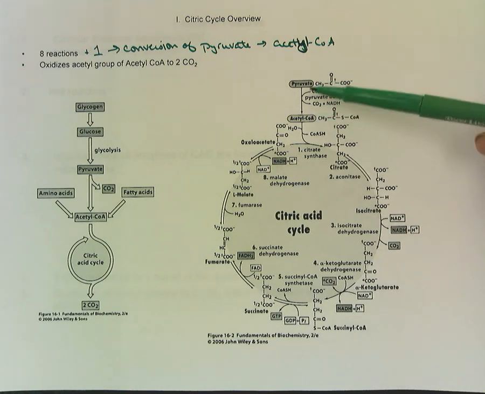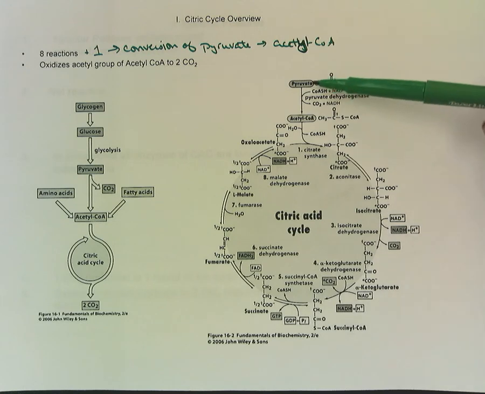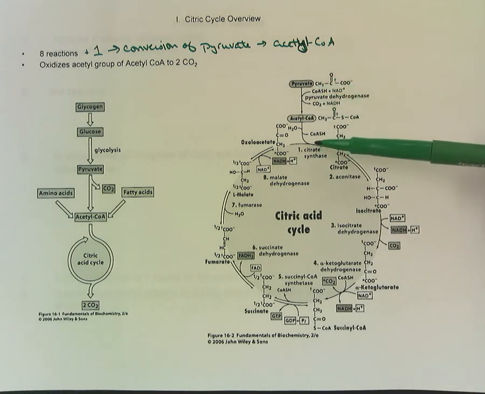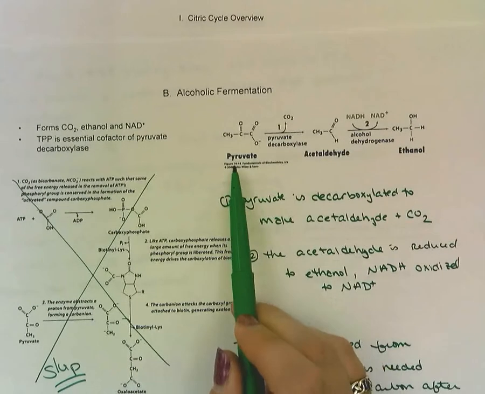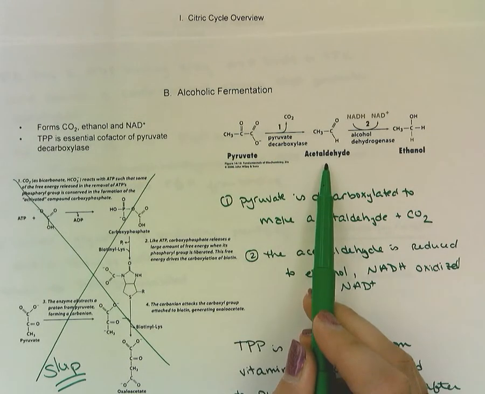There's 1 step that we've already looked at a little bit. This step right here, there's the +1, because we're going to use our enzyme that we just learned about, pyruvate dehydrogenase, to go from pyruvate to, if we look back 1 slide, in your homolactic fermentation, pyruvate decarboxylase to acetaldehyde.